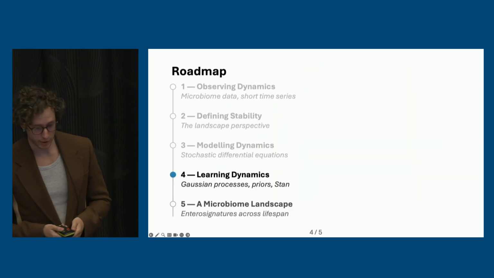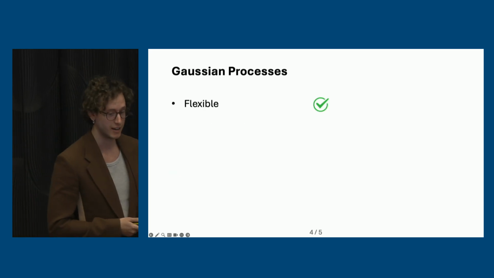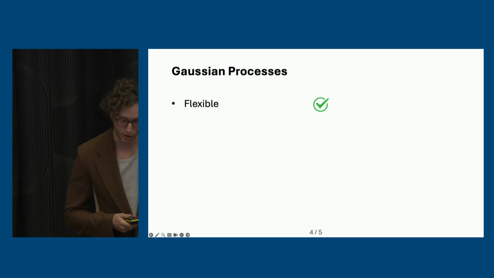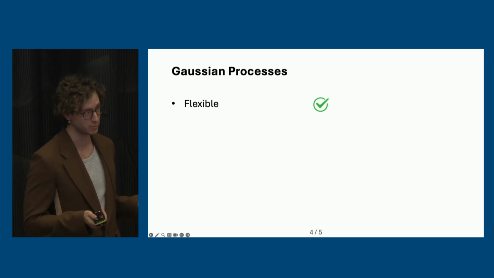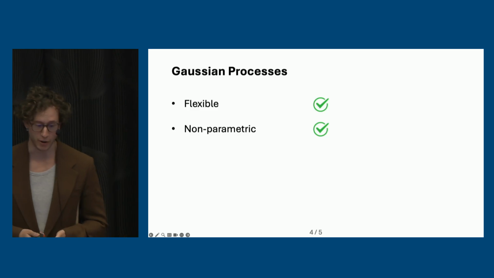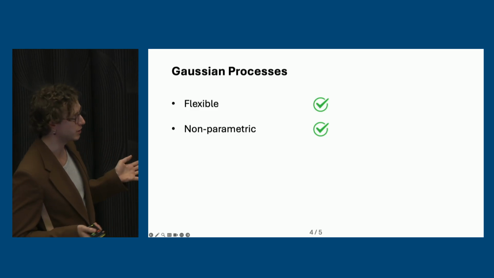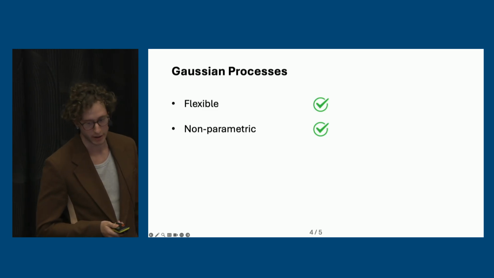Now comes the learning part. I'm guessing most of you are familiar with Gaussian processes and their benefits and drawbacks. They're really flexible, which is a great part since we don't know what these functions look like a priori. They're non-parametric, again good, we don't have any fixed form. We're not assuming they're cubic polynomials or quartic or anything like that.